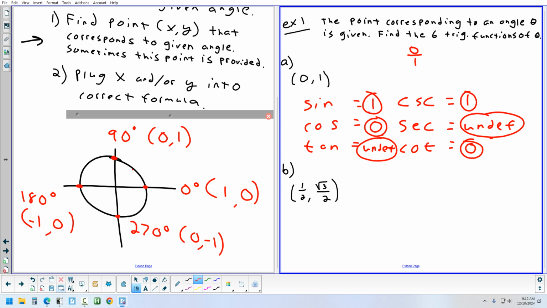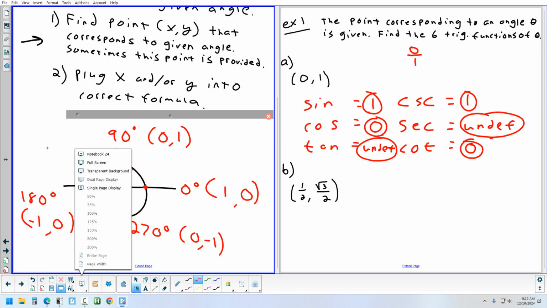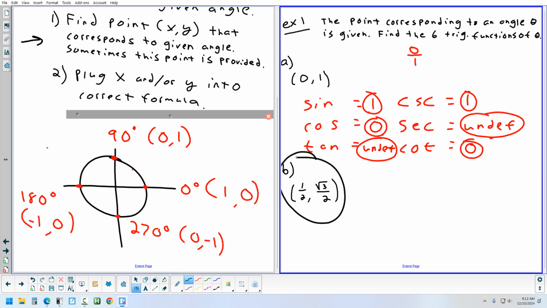All right, so look at that coordinate, 1/2, comma, root 3 over 2. Does that coordinate look like any of the ones we just wrote down? Moises, what do you think? No. Why?